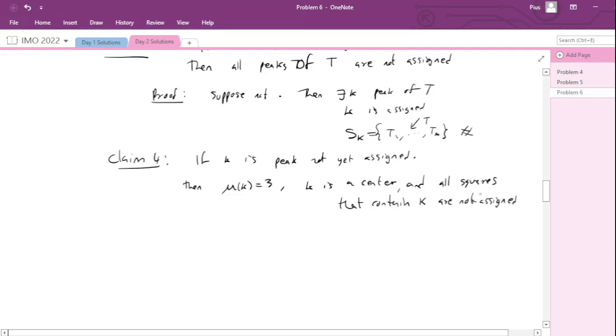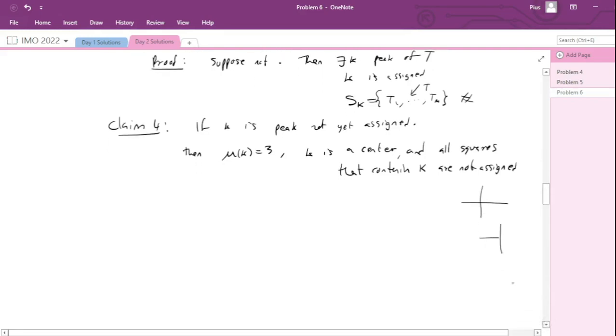So before we prove this, let's see what some of these things actually mean. So K being a center means that in terms of the grid, we have 3 possible arrangements if we ignore rotation and reflections. So we could have a K sitting somewhere within the grid of our squares, or we could have it somewhere at the edge. So we call this one edge. This would be a center K. This would be edge, and then we have possibly one at the corner.